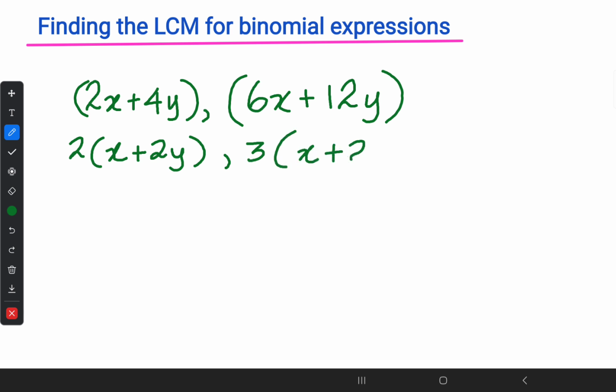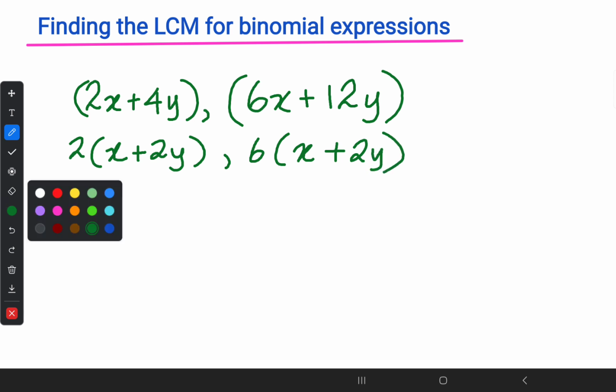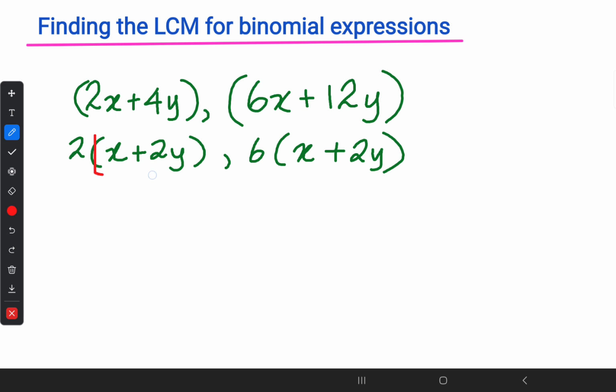Previously we treated x and y as separate variables, but here you have to think of the total expression. You cannot split x and 2y separately because this is an expression, so you have to think about it as a whole.